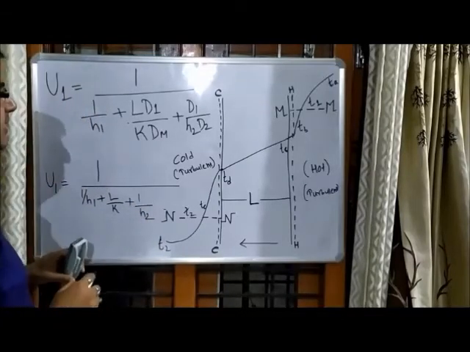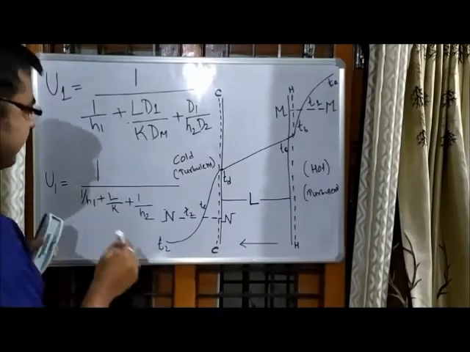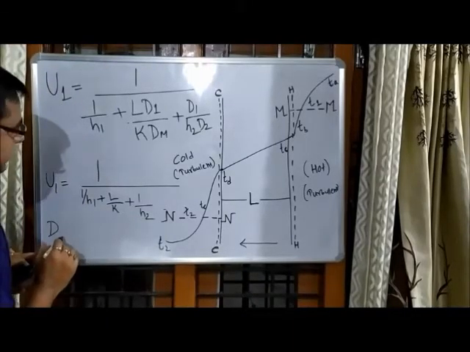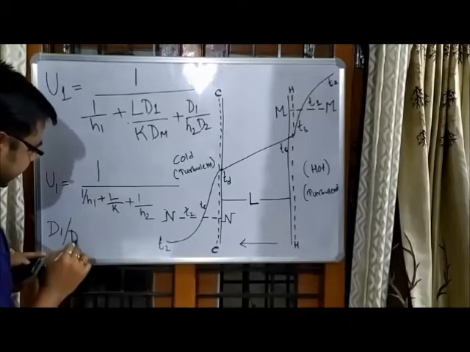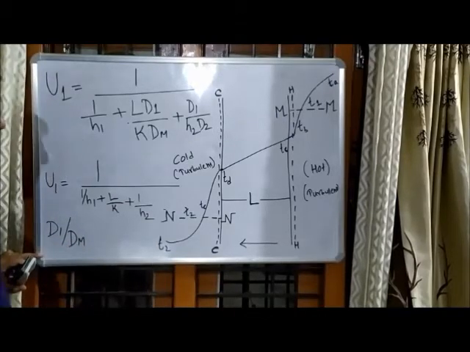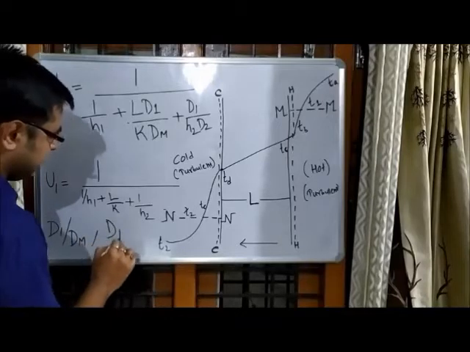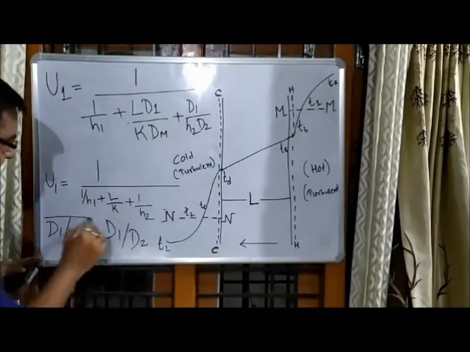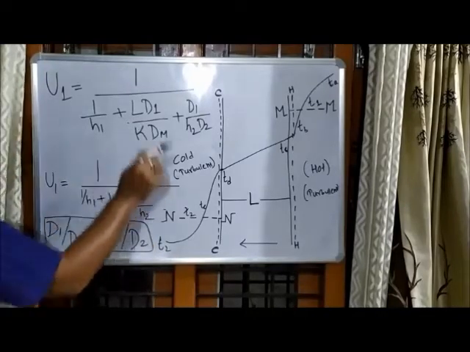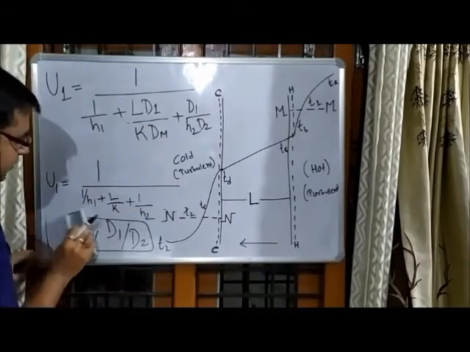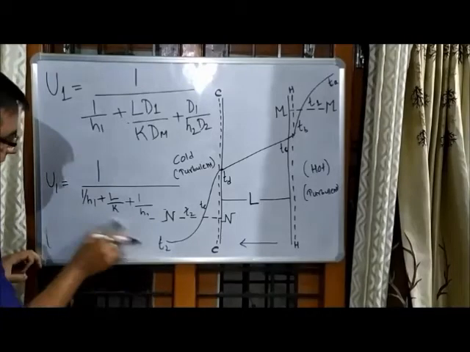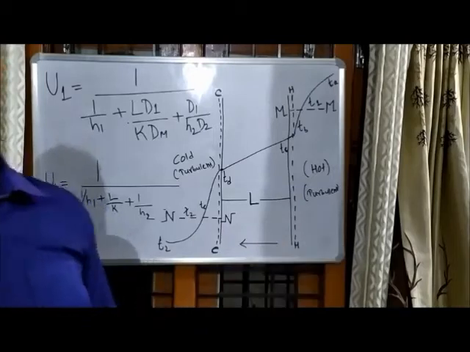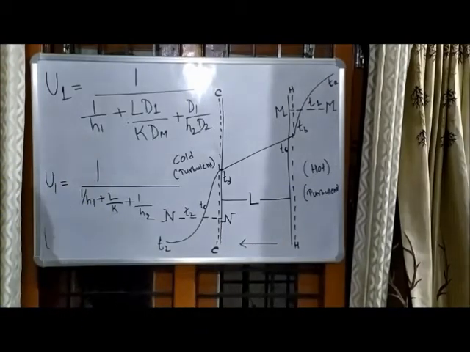I am telling you the condition: if the ratio of D1 by Dm is very less and the ratio of D1 by D2 is also very less, in such condition the above equation will get modified to this lower type, plus 1 by H2.